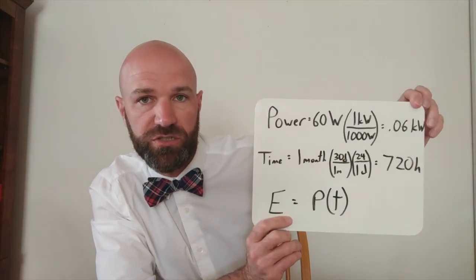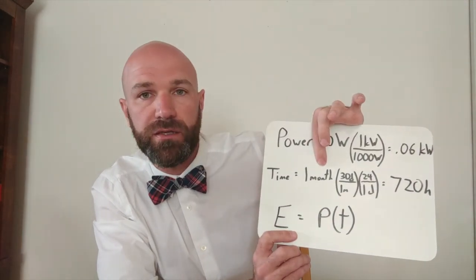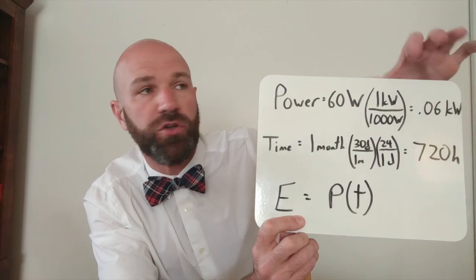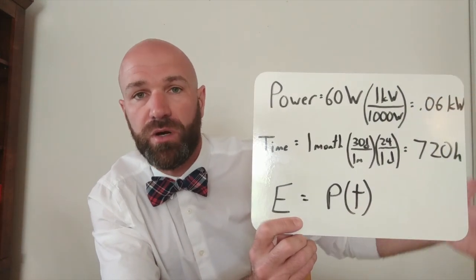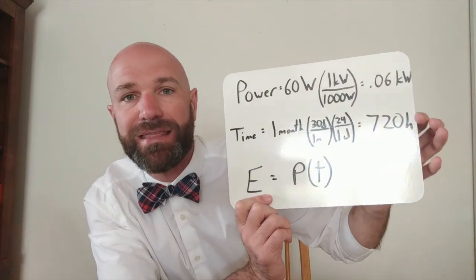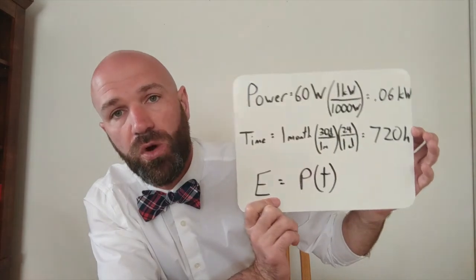That's the rate at which it uses energy. Now our time is 1 month, and we just convert that into hours. 30 days times 24 hours in a day, because remember, we're going to leave this thing on for the entire time, and that thing is going to be on for 720 hours.